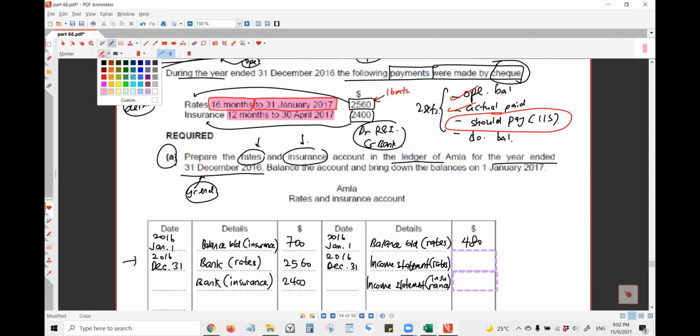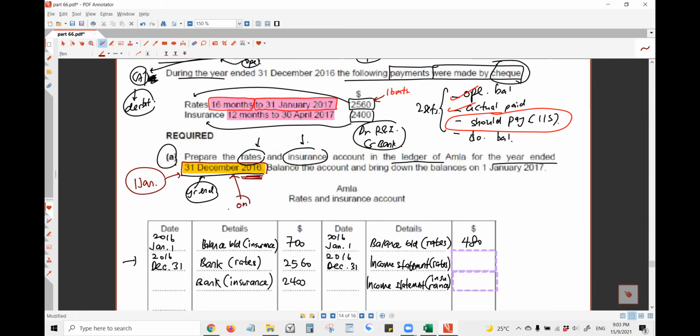You compare this date against the year end. The answer that we are writing right now is during this period, 1st January until December 31st, 2016. So on this day, at the year end, do you think you have underpaid or overpaid? You have overpaid by 1 month.